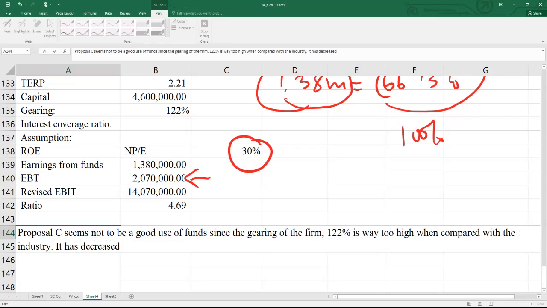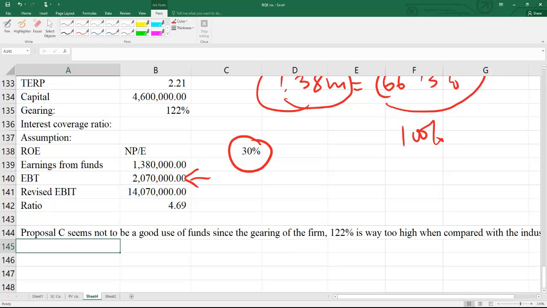It has decreased the gearing from 150 to 102%, but it is still not enough. That's one point towards the gearing.